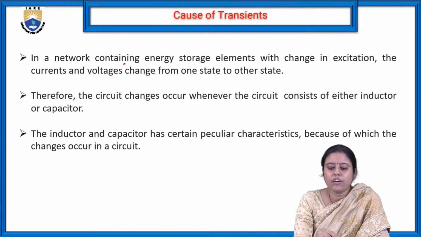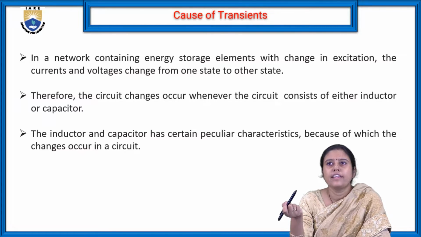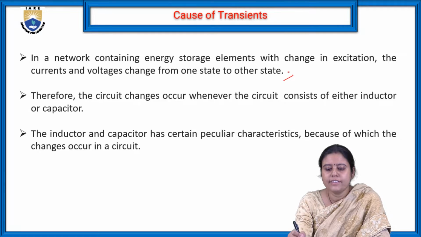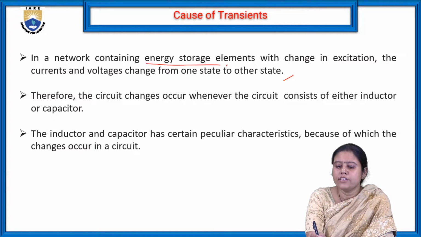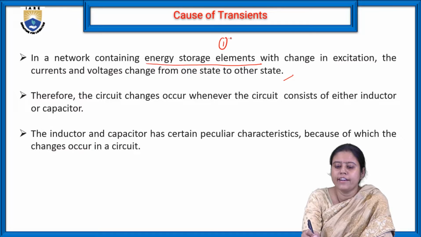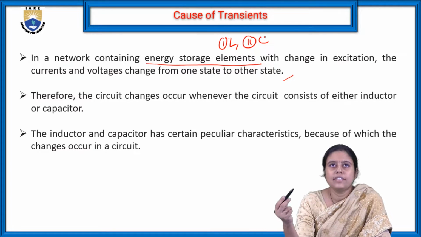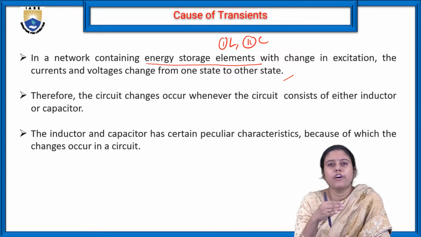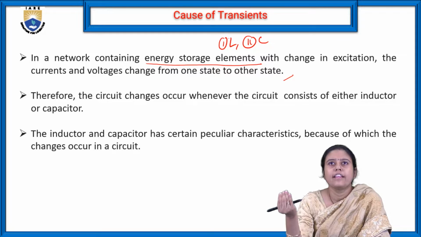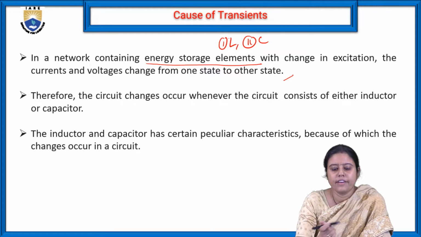In a network containing an energy storage element, with the change in excitation, the current and voltages change from one state to another state. So if the energy storage elements, inductor and capacitor, are present, then with the change in excitation, the voltage and current will change from one state to another state. That's why it will cause some transient.